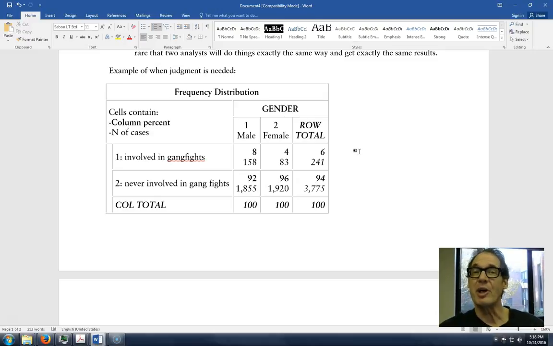Now, if you had to do any recoding when you've done your own research projects, you probably realize this. For example, one of our classmates was looking at income, the difference between a high income and low income. Well, where do you make the cutoff? How much income do you have to have before I consider you a higher income? How much do you need to be considered middle income? How much do you need to be considered low income?